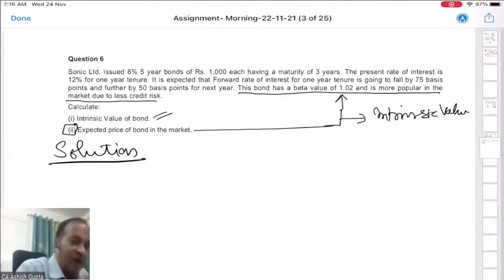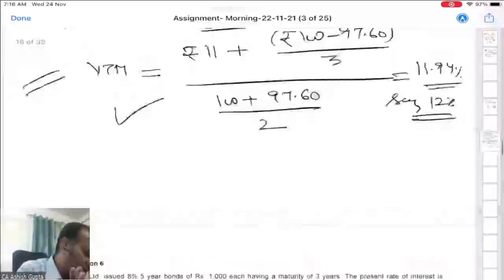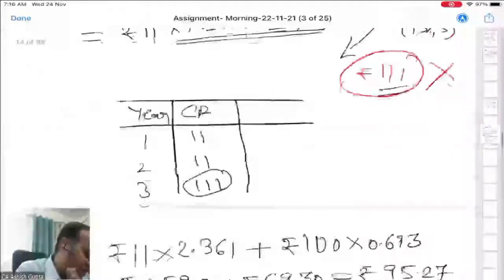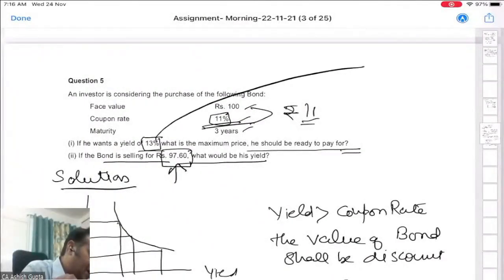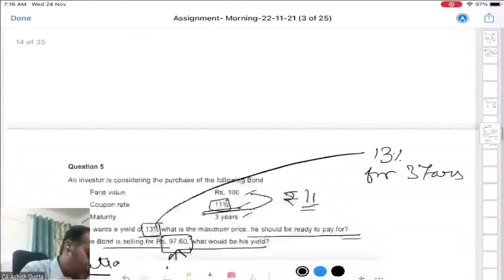Now here, student, up till the previous questions, we have seen that our yield was stable for every year. If we go by this question, here we are considering 13%, the same for 3 years. There is no change.